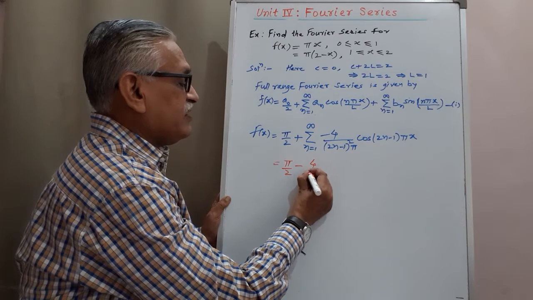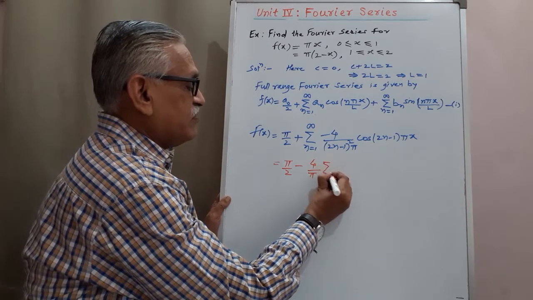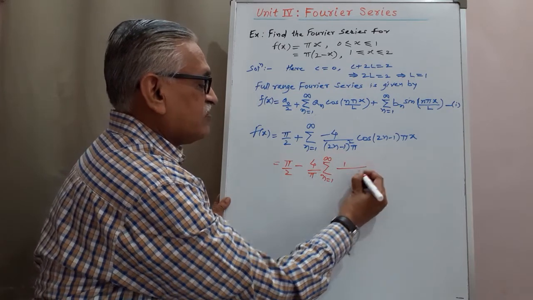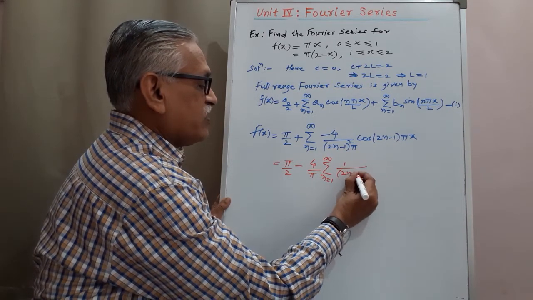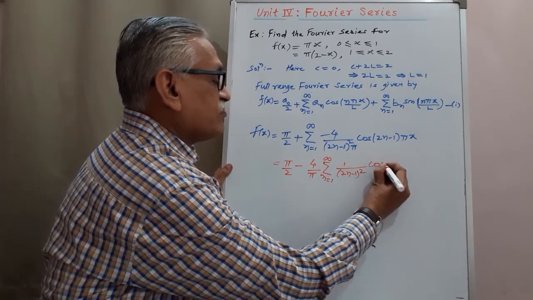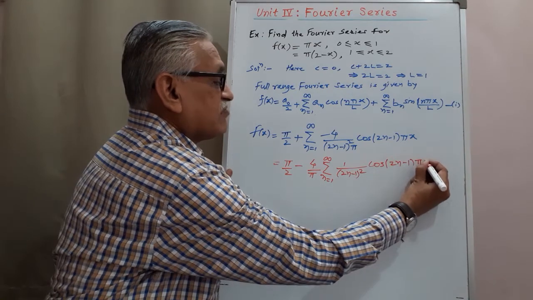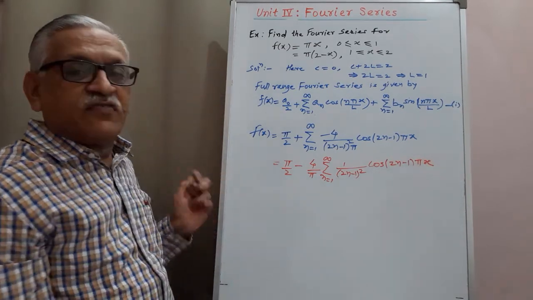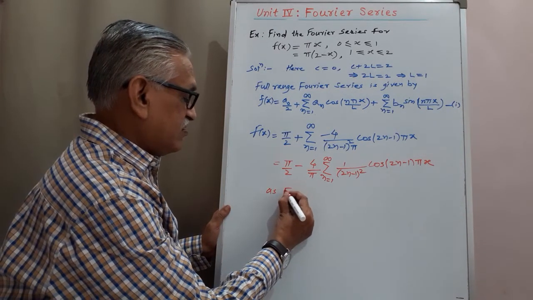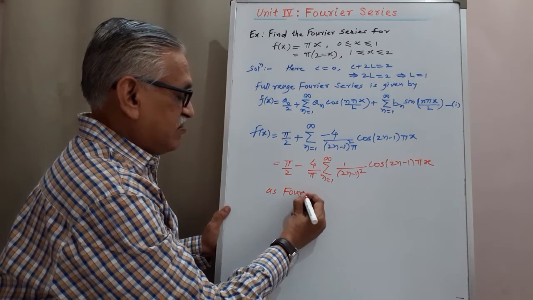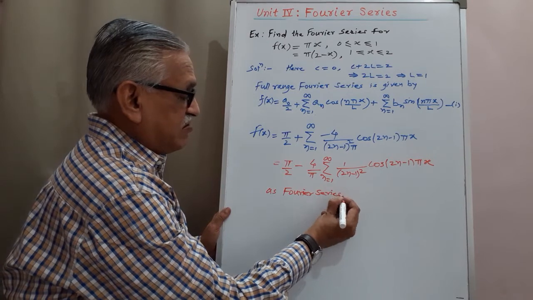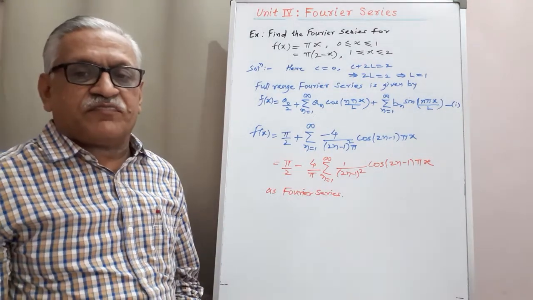Minus 4 by pi summation from 1 to infinity 1 upon 2n minus 1 whole square into cos of 2n minus 1 times pi x, as the required Fourier series of that given function.